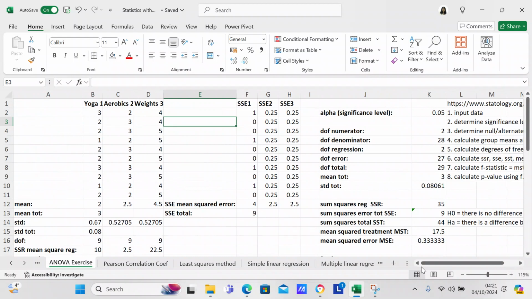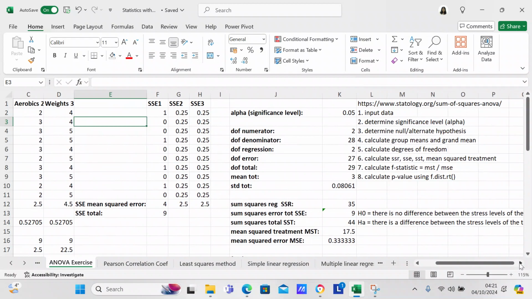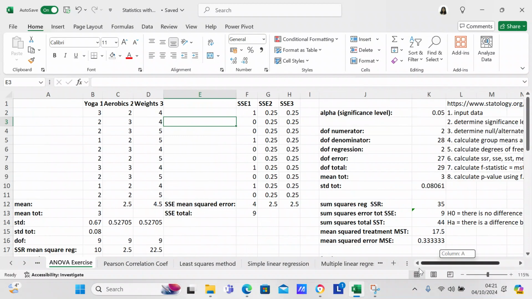And then what we do is we calculate the means. This is a little bit difficult, and you can see that I've got lots of calculations here on this sheet, but we calculate the means and the group means.